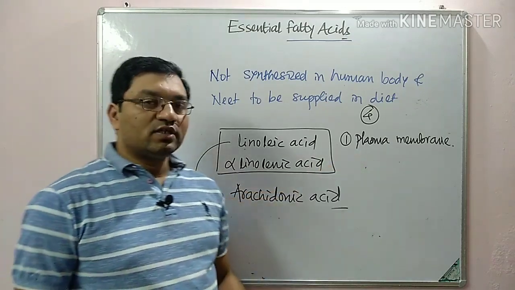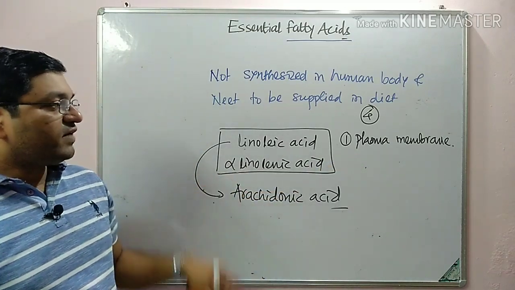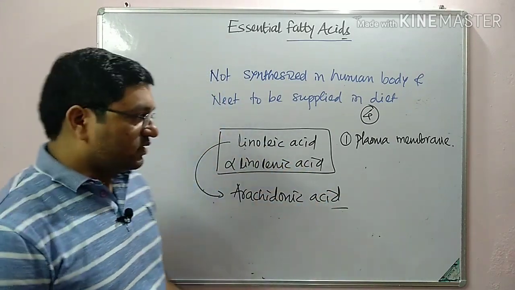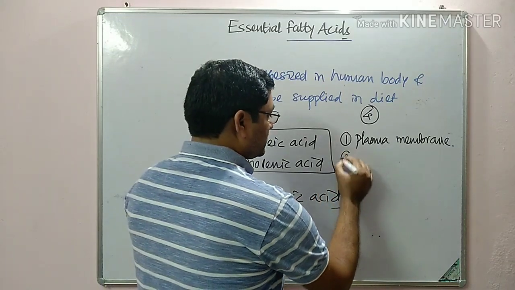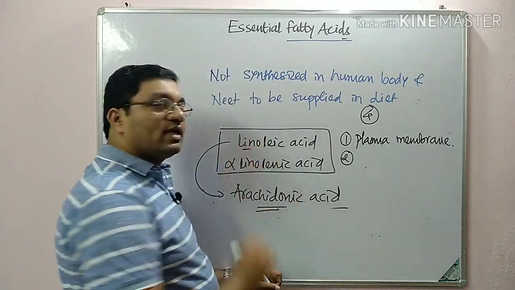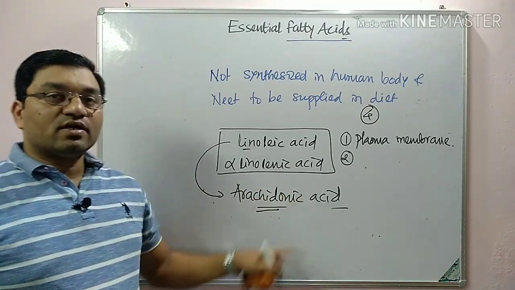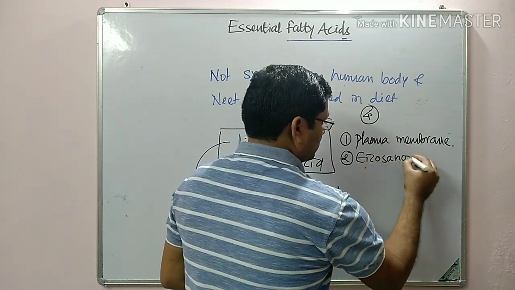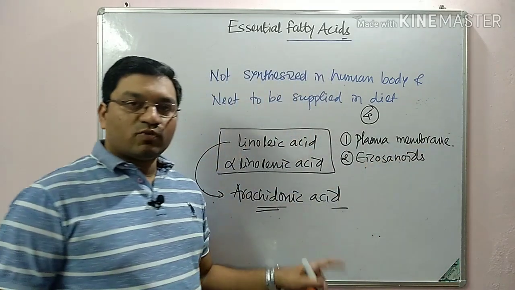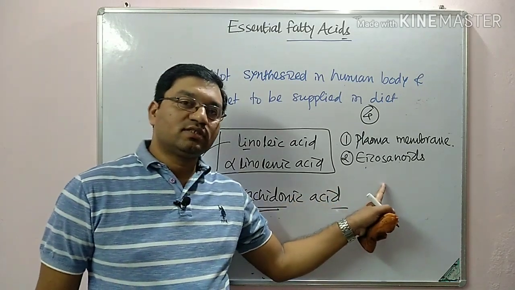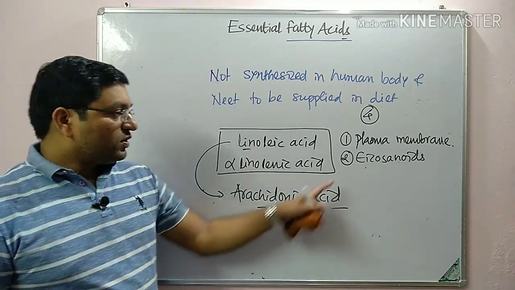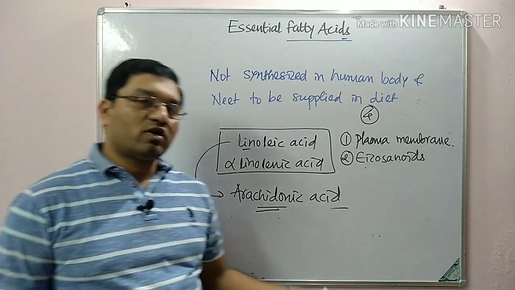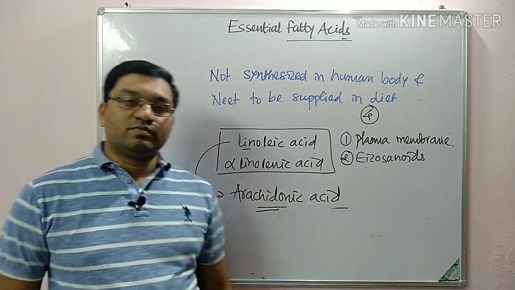This is a major function of essential fatty acids. The second important function is that arachidonic acid, which is synthesized from linoleic acid, is a precursor for eicosanoids, which include prostaglandins, thromboxanes, leukotrienes, etc. So it is a precursor molecule for eicosanoid synthesis. These prostaglandins are responsible for pain, fever, and inflammation.